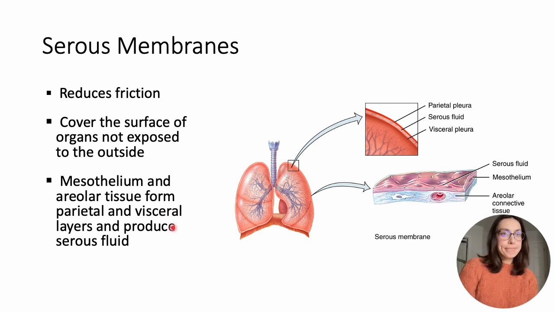But these epithelial cells also produce serous fluid, and that fluid lubricates the movement and fills up the serous cavities and allows the visceral layer of the serous membrane to rub against the parietal layer when the organ inside of it is moving or expanding or shrinking.